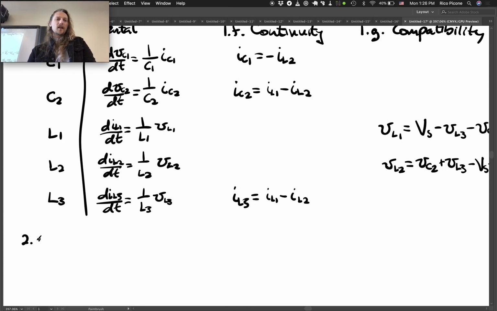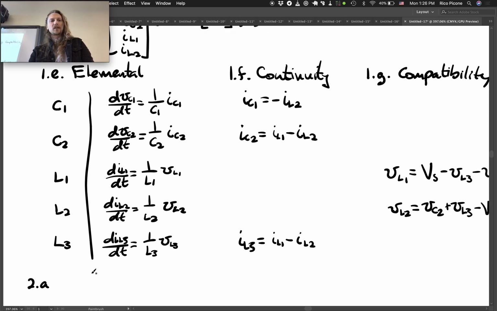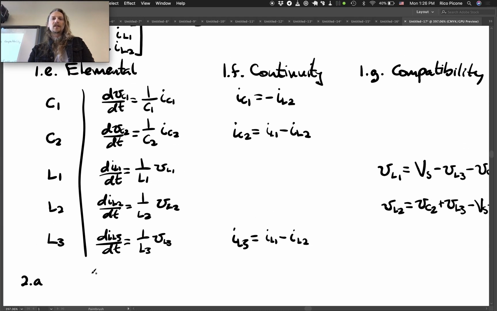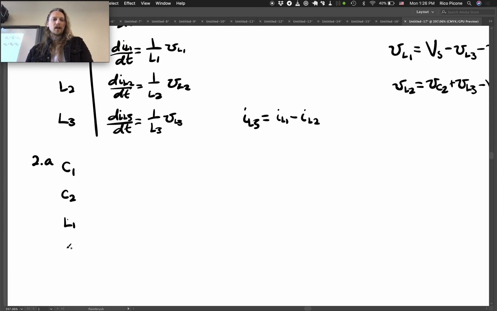2A. The first step is pretty straightforward. We just have these elemental equations we need to rewrite and do these substitutions directly in, right? So this substitution will be the first one. We'll rewrite our C1, C2 table here. So C1, C2, L1, L2, and L3.